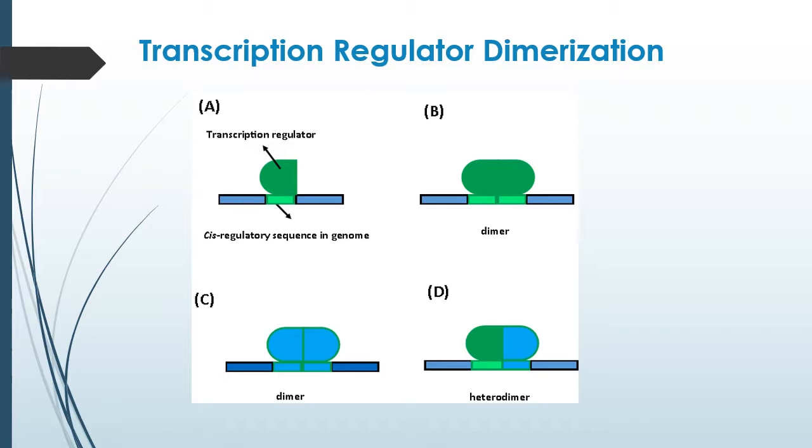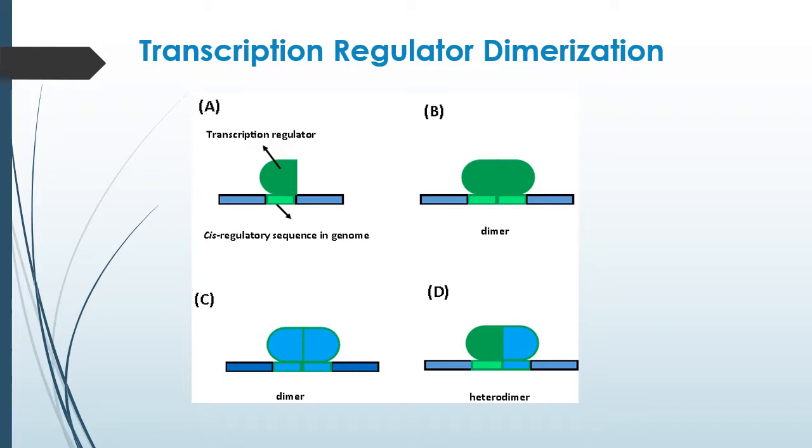When the transcription regulator identifies this, it will bind on the specific site where the cis regulatory sequence is found.